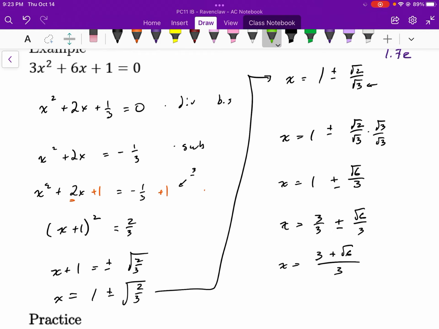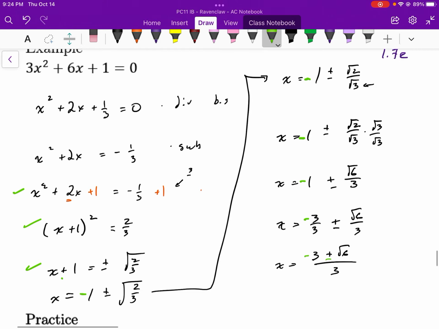Now, let me go over this because I think I see an error. So I'm going through here. This is all good. And then what I should have put here is I subtract 1 from both sides. And I'm done. Forgot my plus minus.